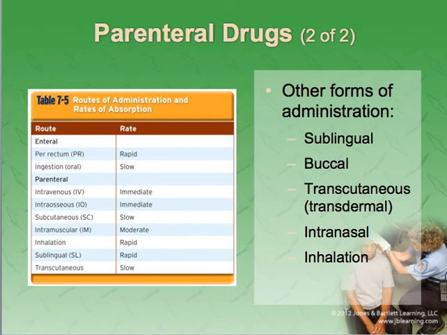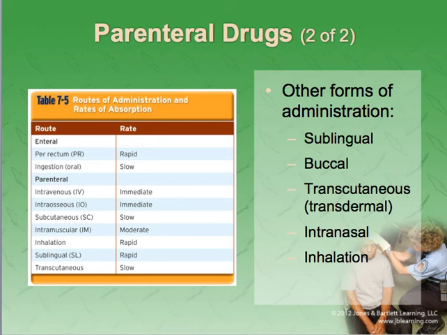Here we have a chart that shows the rate. I've got some other forms of administration here: sublingual, where you'll administer nitroglycerin; buccal, which is the oral glucose; transcutaneous; intranasal, where some medications like Narcan you can administer intranasally; and inhalation, which is your albuterol, Atrovents, and Xopenexes.